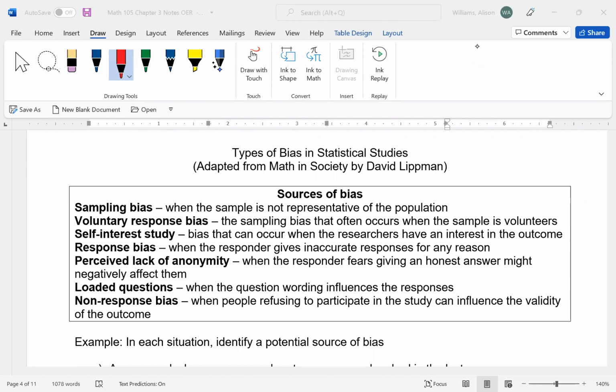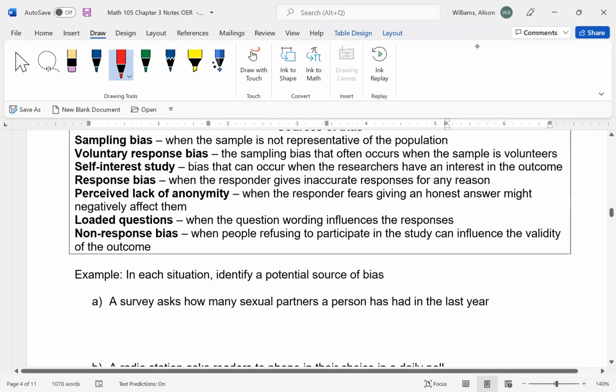Response is when this person is inaccurate. Really, that means like, it's just not truthful. And so it's possible that it could be for many number of reasons. Not having anonymity can cause a problem, loaded questions, and then of course, people not wanting to give an answer. So looking at this example, let's kind of go through and assign these based on that.